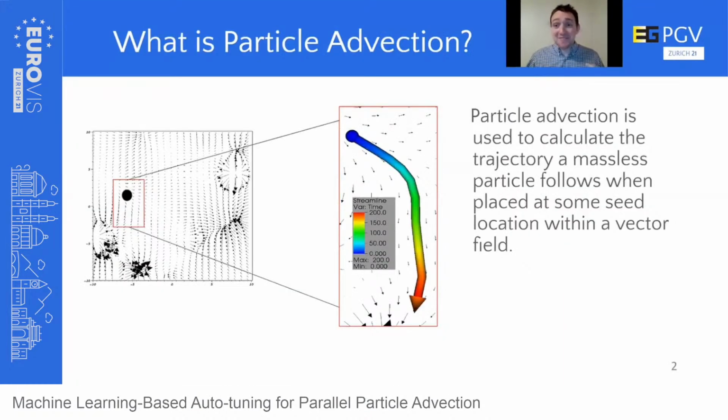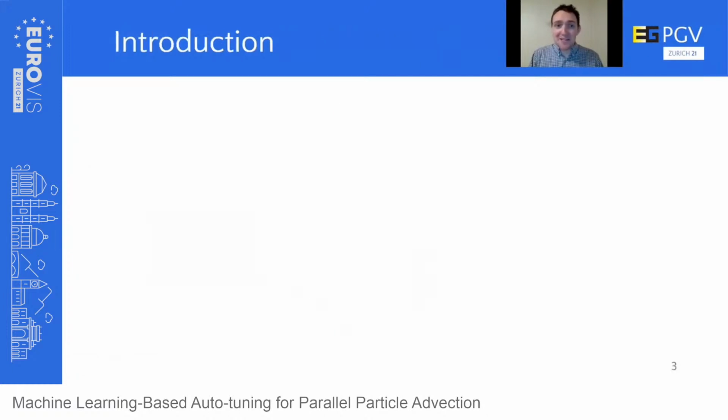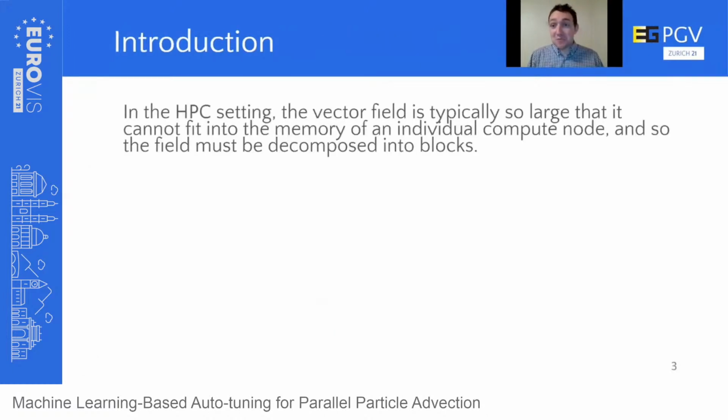Particle advection is a fundamental visualization algorithm where we take an individual particle, typically a massless particle, and we displace it through a vector field. This visualization algorithm is really important in a high-performance computing context. And typically the underlying vector field is really, really large.